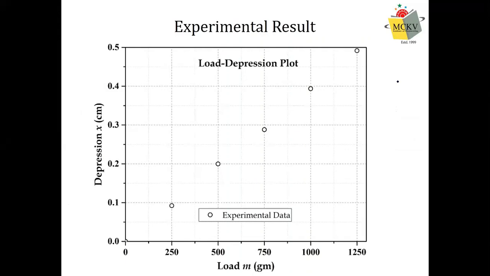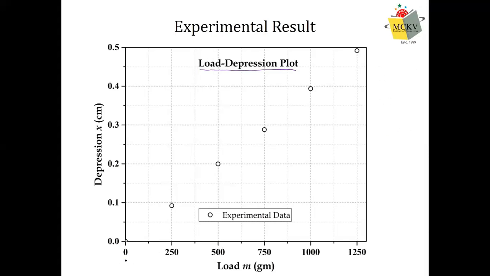So again, I am telling you what you should write or draw on your graph paper. First, there should be a title in the plot. You can say load depression graph, load depression plot, whatever. Then you need to specify the axes, and before that, choose either landscape mode or portrait mode.